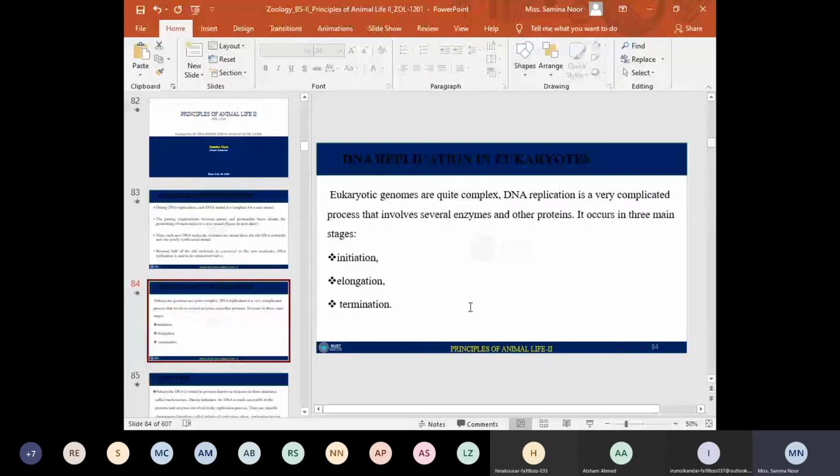One is known as initiation, the second is elongation, and the third is termination. So replication in eukaryotes is accomplished in three stages: the initiation stage, elongation, and the last one, termination.